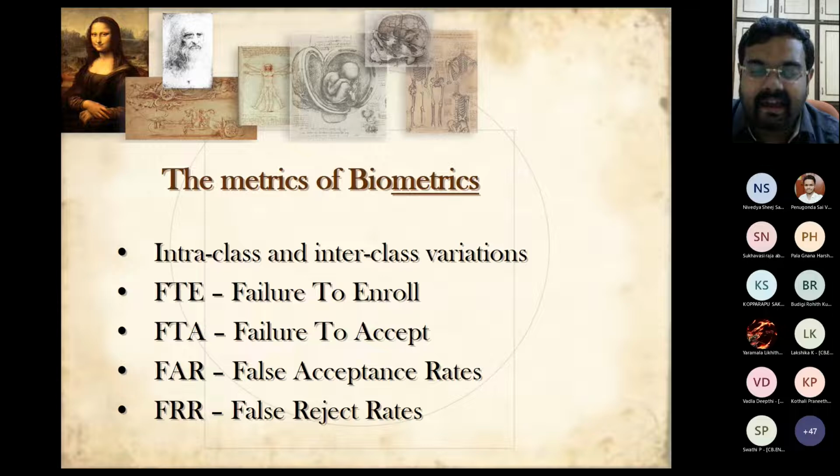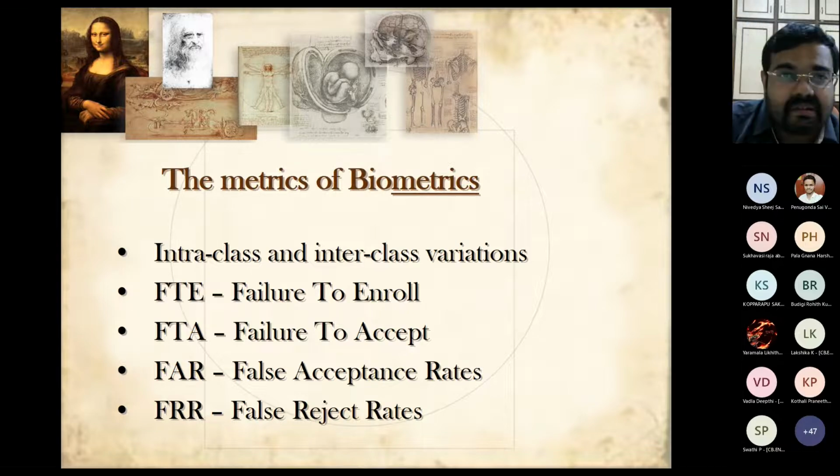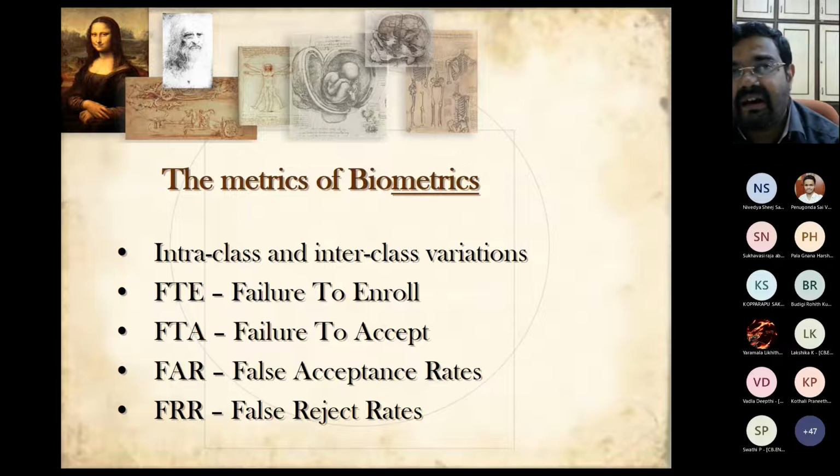We need to have the lowest possible FAR and the lowest possible FRR, false accept rate and false reject rate, which are extremely low, so that there is no problem. And most of the biometrics don't have this kind of capability, even though iris and retina have FAR and FRR of say 1 in 10,000, 1 in 100,000.